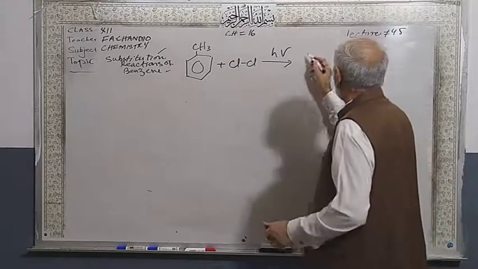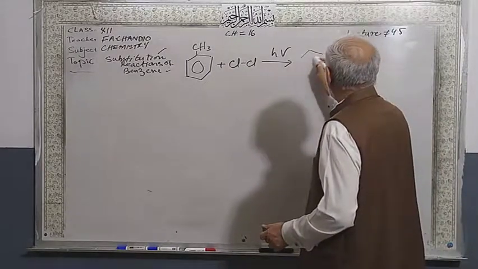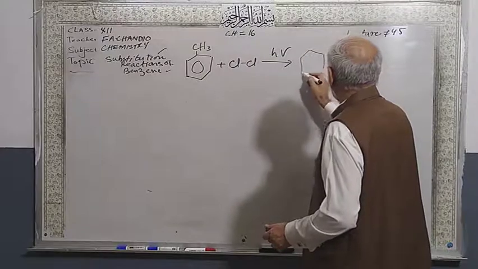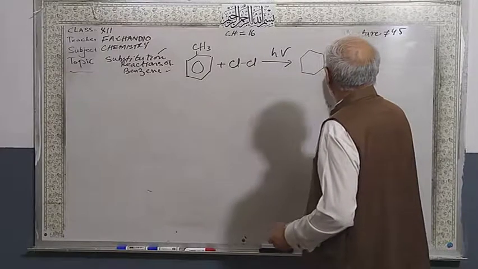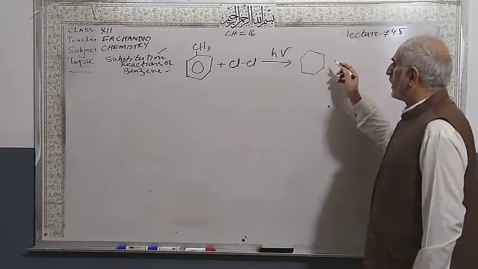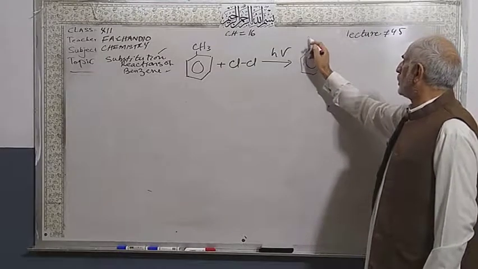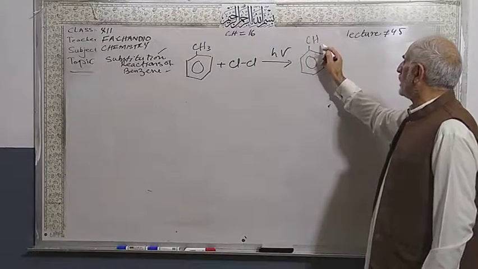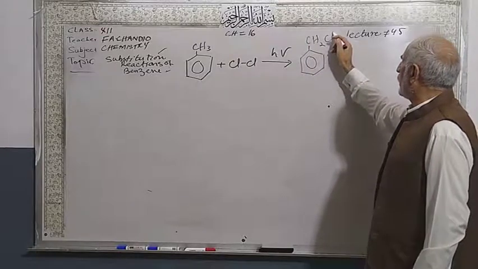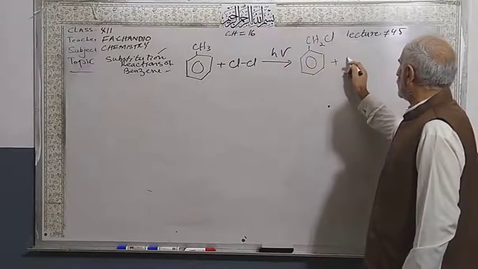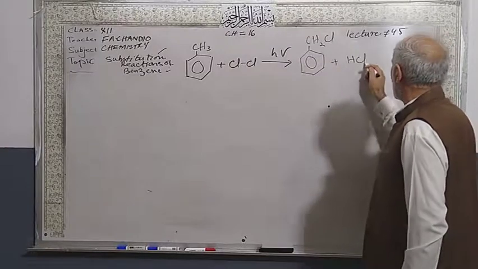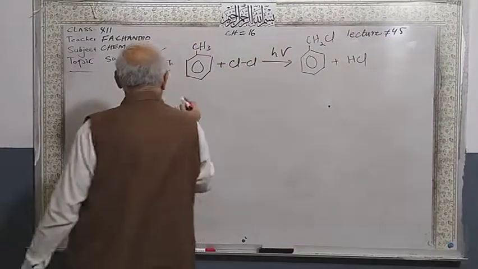Just like you did the chlorination of methane, dear students, one hydrogen is removed and one chlorine is added. You will get HCl. So this is step number 1.